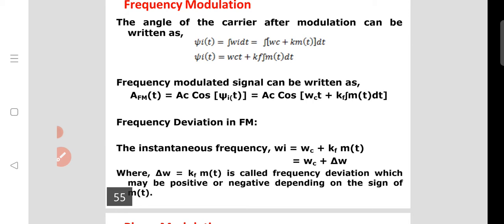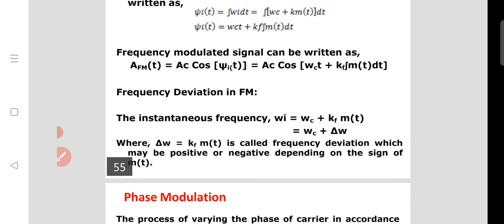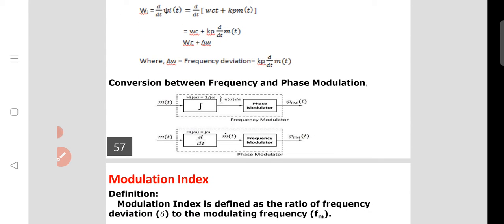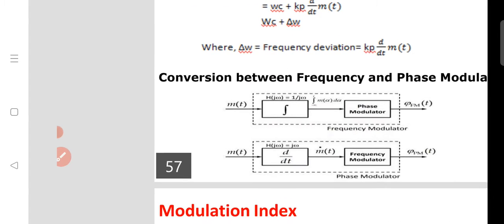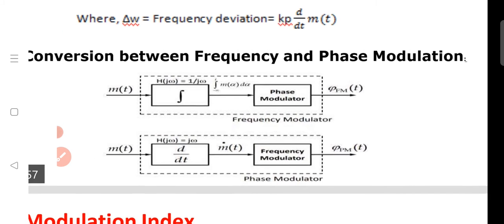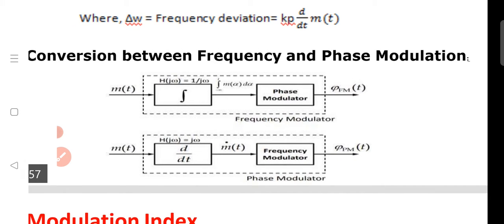In phase modulation, the derivative of the message signal is the phase deviation. In order to compare both terms, we conclude like this. This is the relation, or conversion, between frequency and phase modulation.